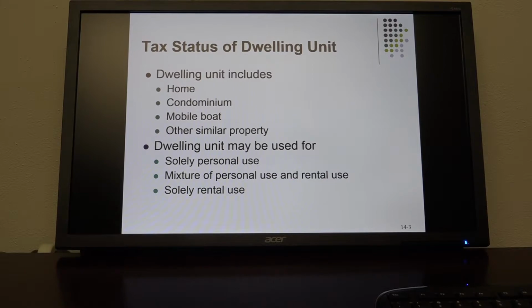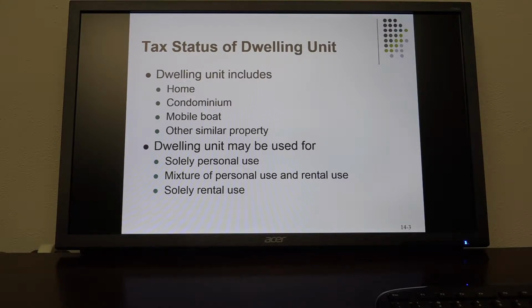And if you have a dwelling unit, this dwelling unit may be used for different reasons. You could use this solely for personal use. You could include both personal use and some rental use. In this day and time with all these, what is it called, Airbnb, I guess is how you pronounce that. And maybe there's others.